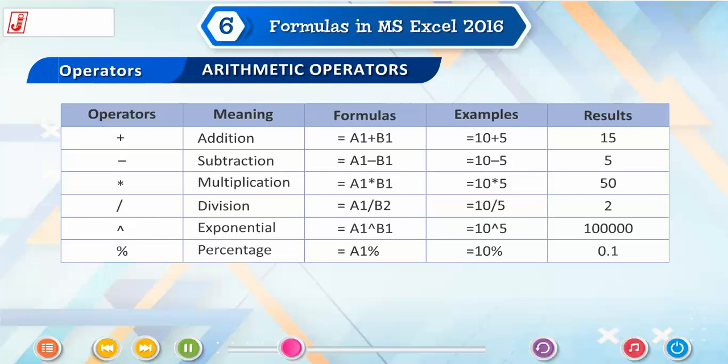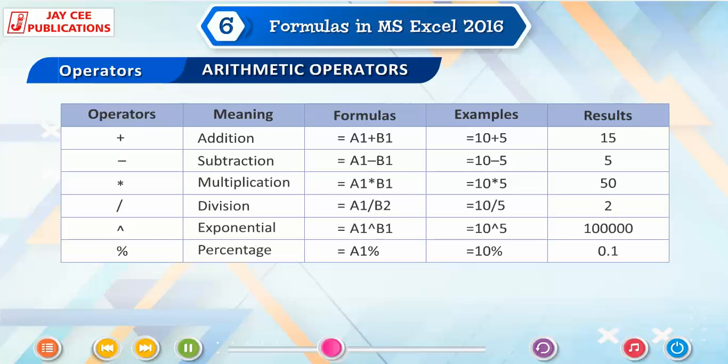Minus, subtraction: =A1-B1, 10-5, result 5. Multiplication: =A1*B1, 10*5, result 50. Division: =A1/B1, 10/5, result 2.